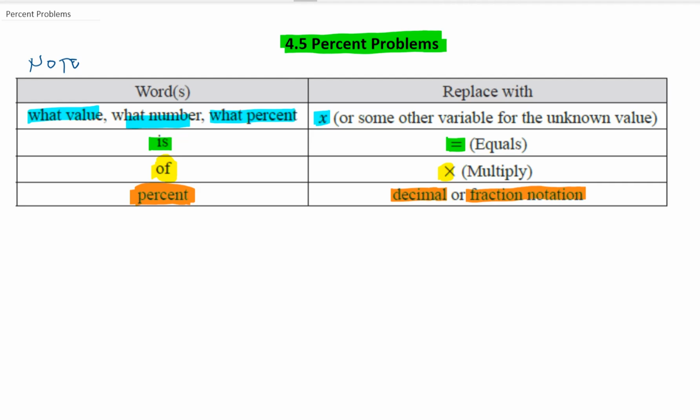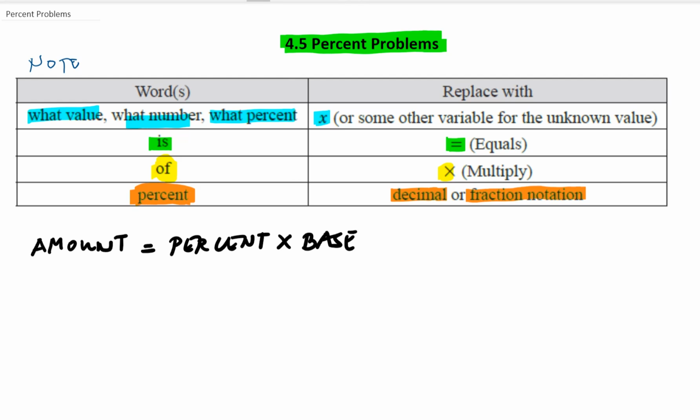Okay. So the general equation that we'll be using if we encounter percent problems is given by: you have a certain amount that is equivalent to percent multiplied to the base.